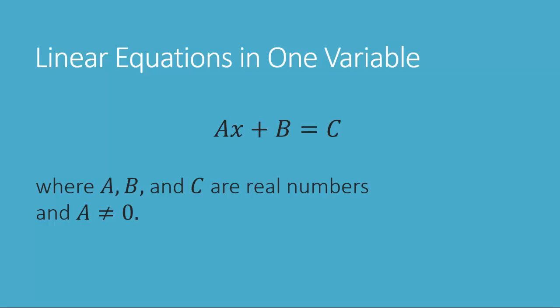So we're just saying that this is an equation that relates x to numbers a, b, and c. And through this, you can solve for x, given a, b, and c, to find what the value of x is given this certain setup.